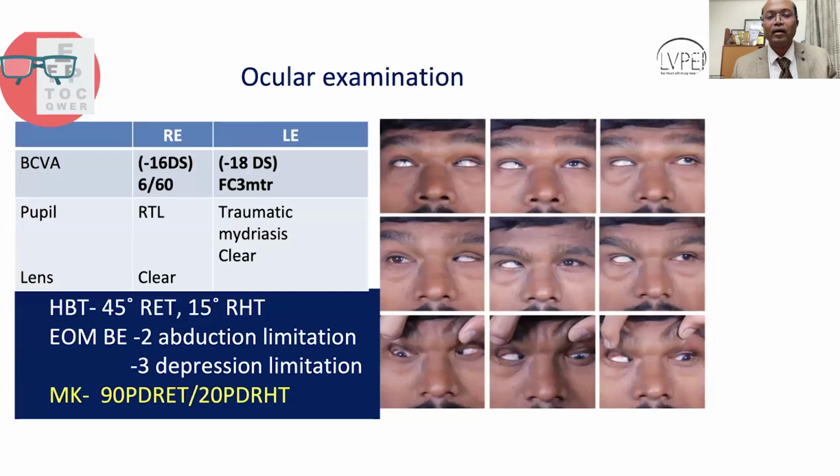He had a myopia of almost -6 to -18 diopter, as you can appreciate in this standard nine gaze photograph. There was a gross depression limitation of -3 and abduction limitation of -2, with modified Krimsky's 90 prism diopter of esotropia and 20 prism diopter of right hypertropia.